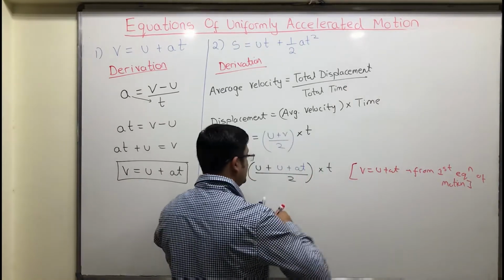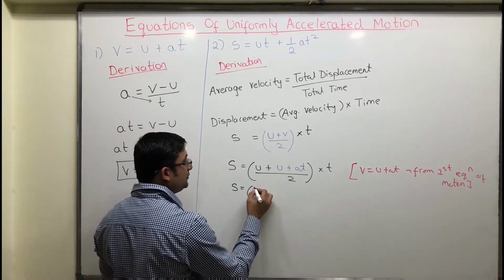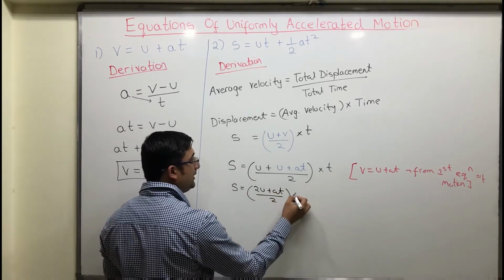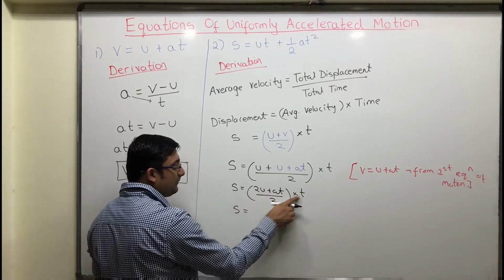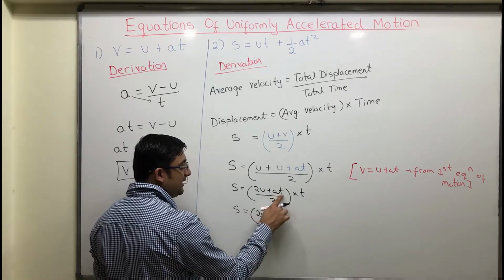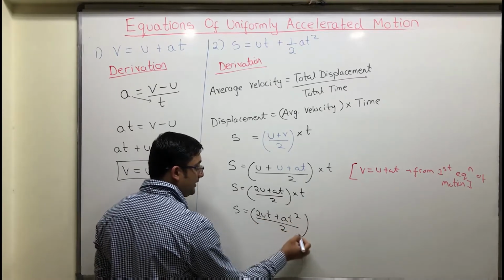Now let's simplify this. So from here we get s is equal to u plus u, that is 2u plus at by 2 into t. So we get s is equal to, now first we'll multiply t inside. So we get 2ut plus at into t, at square by 2. Let's divide.